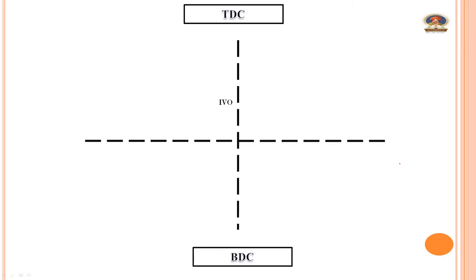As we have seen in the theoretical valve timing diagram, the inlet valve opens at the beginning of the suction stroke, but in actual practice, we open the inlet valve 30 degrees before the suction stroke. Why before?